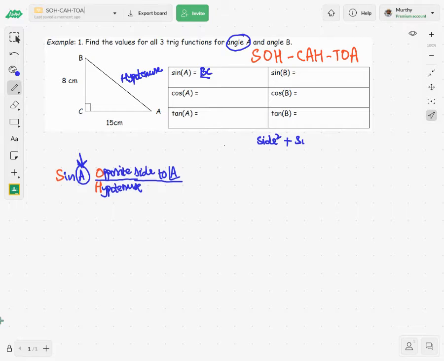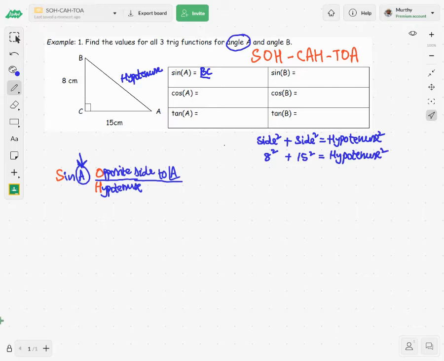calculation part. Side square plus side square equals hypotenuse square, by Pythagoras theorem. So let me plug in the values. One side is 8 square, the other side is 15 square, equals hypotenuse square. What is 8 square?